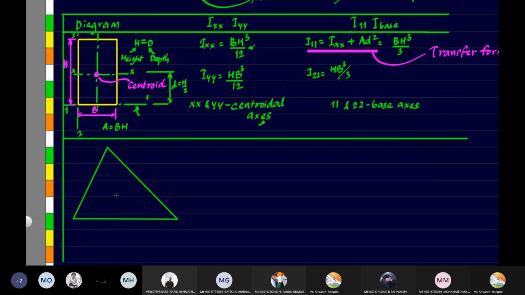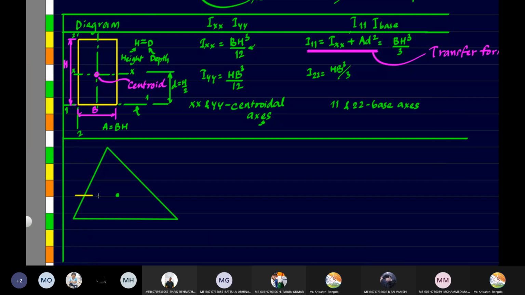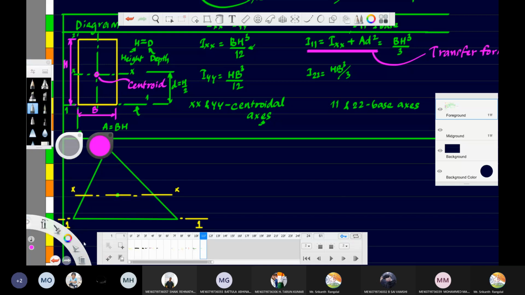Centroid will be somewhere here, right? So centroidal axis, it will be here. This is centroidal x-axis, xx axis. Then here, this axis is 1 axis.